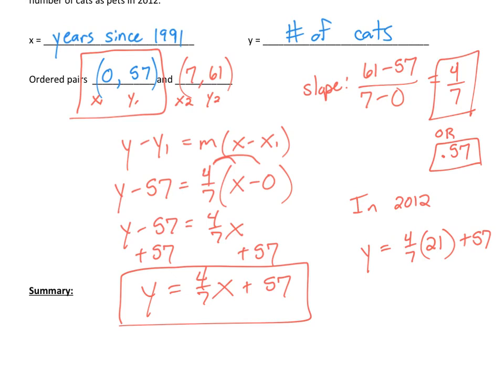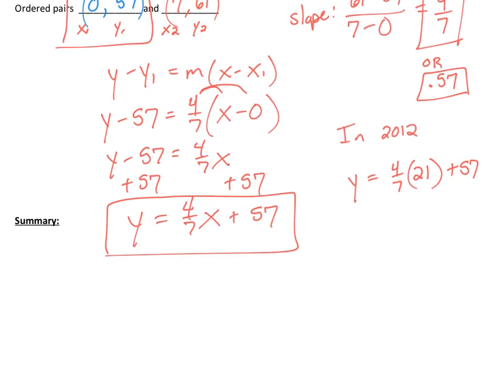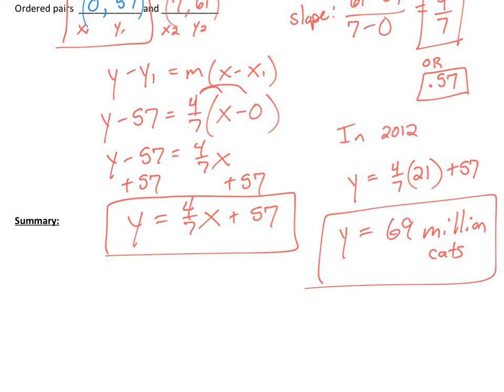So I'm going to plug in my calculator: 4 divided by 7 times 21 plus 57. So it looks like y equals 69 million cats as pets in 2012 is what we get.